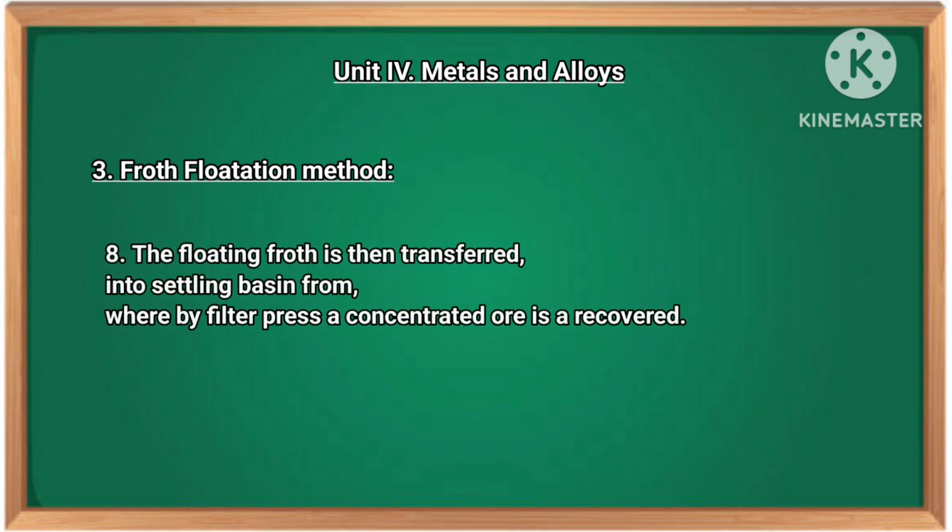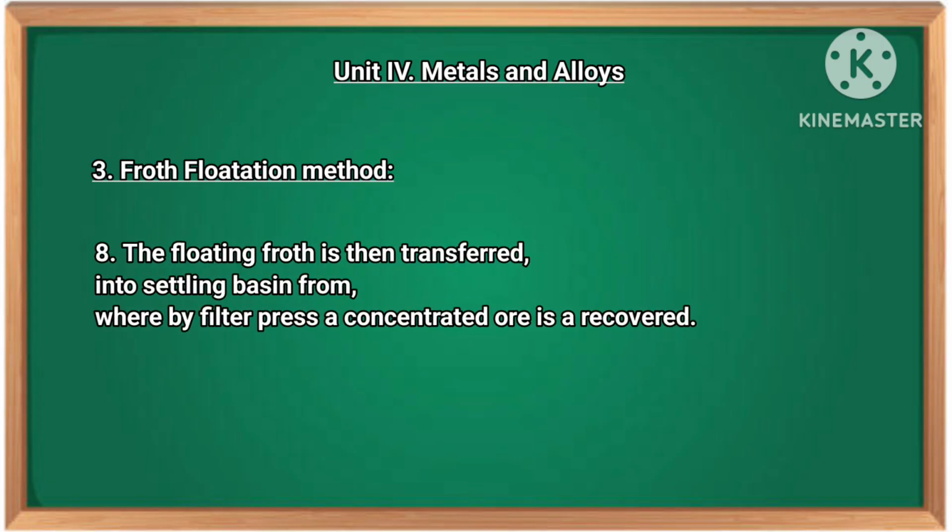After that, in the last step, the floating froth is transferred into a settling basin, from where, by a filter press, the concentrated ore is recovered. It means that we have to obtain this froth through this whole process.